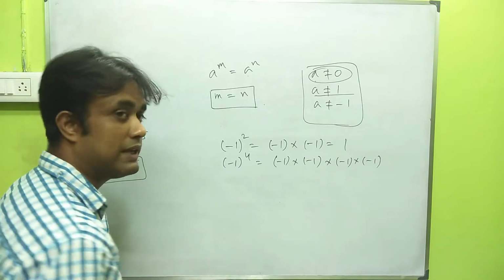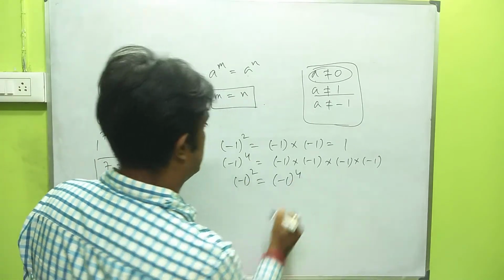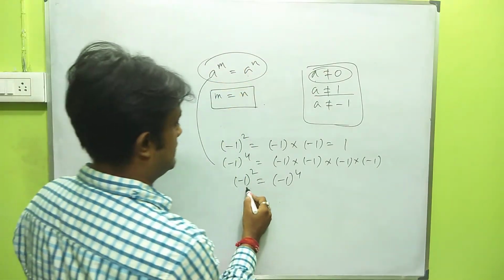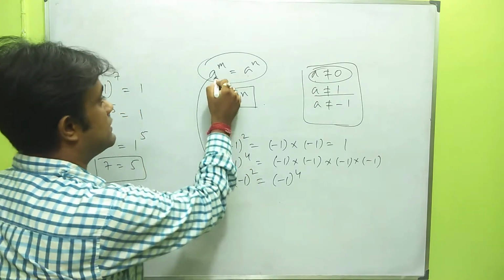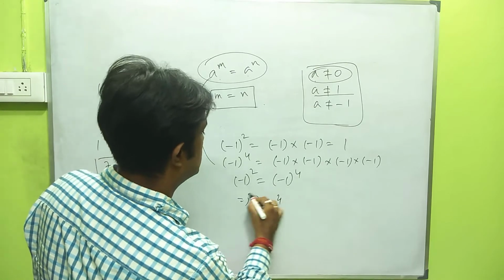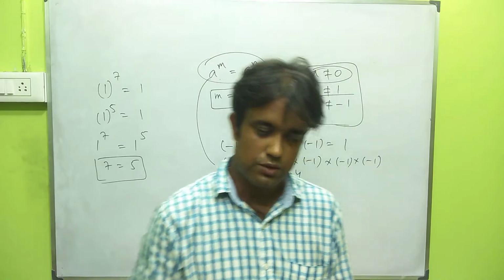So it is very obvious that minus 1 square is equal to minus 1 to the power 4. And if this rule holds for minus 1, then it is very clear that 2 is equal to 4, which is not possible.